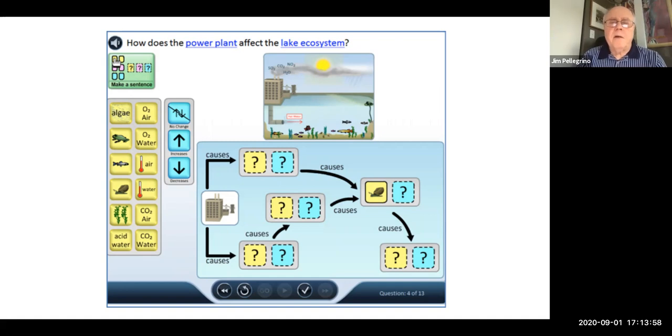It depicts an ecosystem, a lake ecosystem, and it allows the student to select from options in terms of elements of that ecosystem to represent what would happen in this ecosystem in terms of how essentially the power plant could impact that ecosystem in terms of how the elements of that system interact, and determine not just who is impacted, but what is the direction of that impact in terms of whether it produces positive or negative changes.